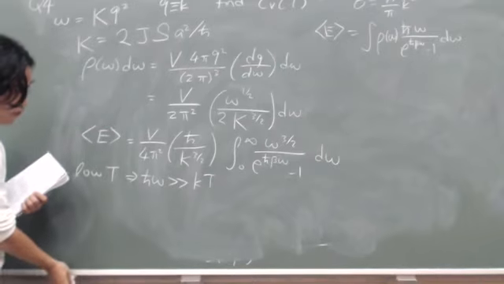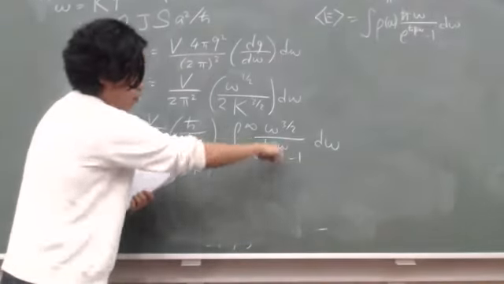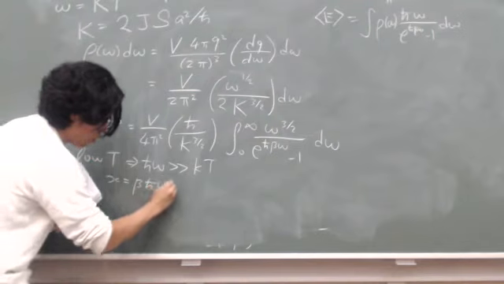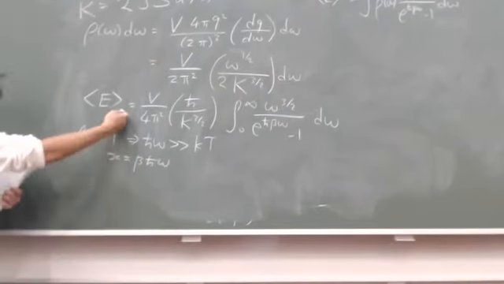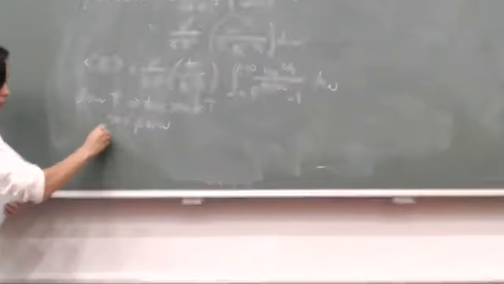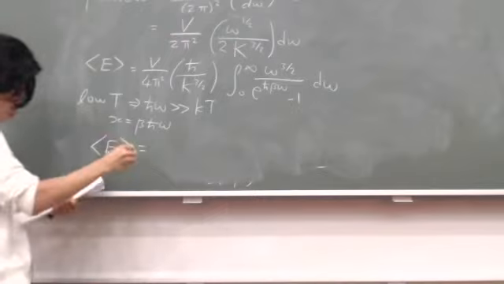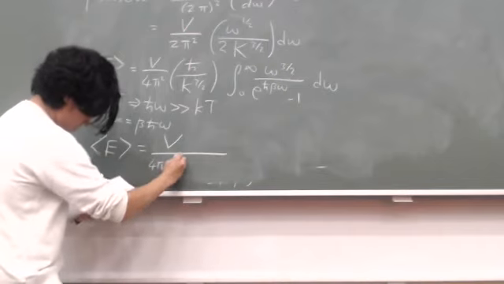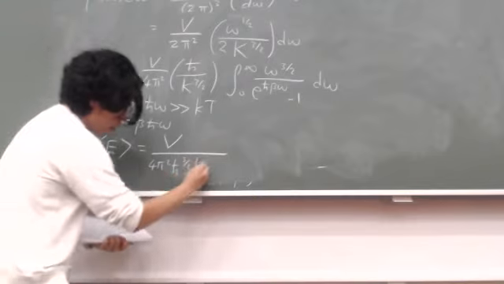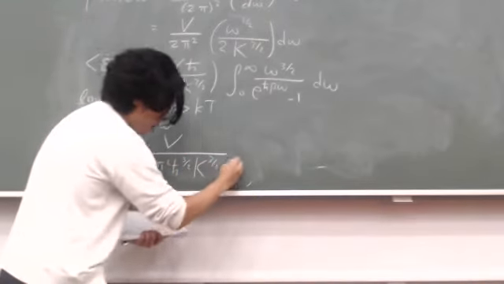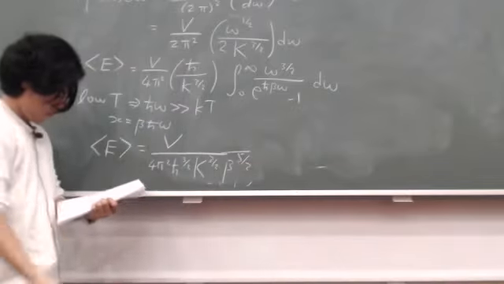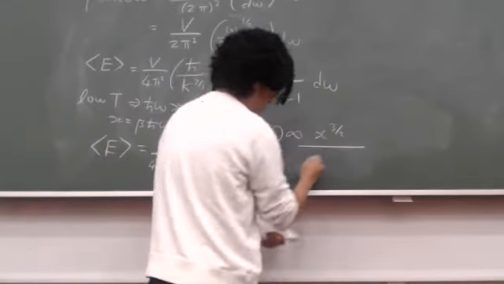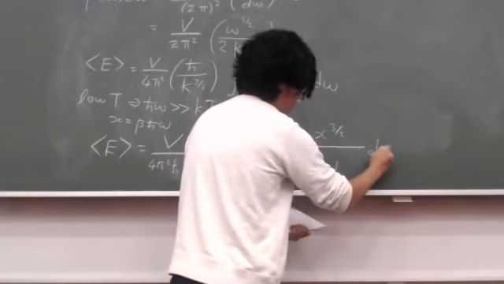Then again, we change our variable to x, where x is equal to beta h bar omega, and you end up changing this expression to look like E equals a lot of constants, V divided by 4 pi squared h bar to the 3/2, k to the 3/2, beta to the 5/2, integral from 0 to infinity of x to the 3/2 divided by e to the x minus 1 dx.